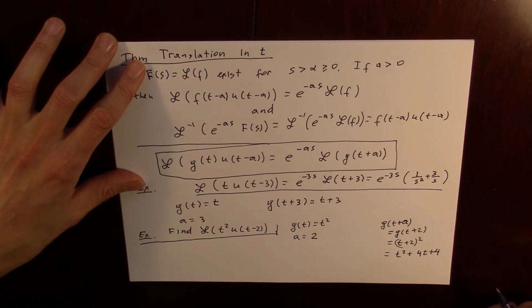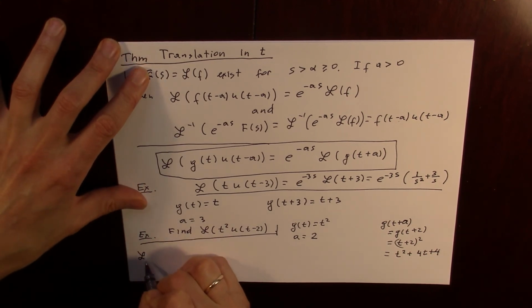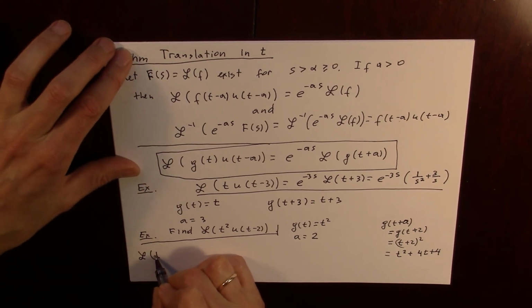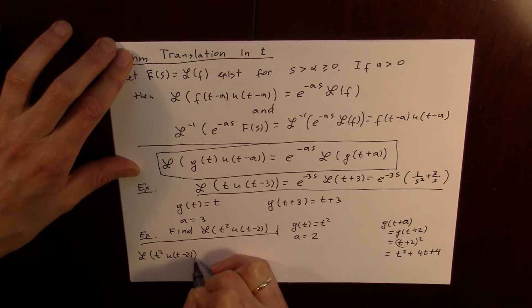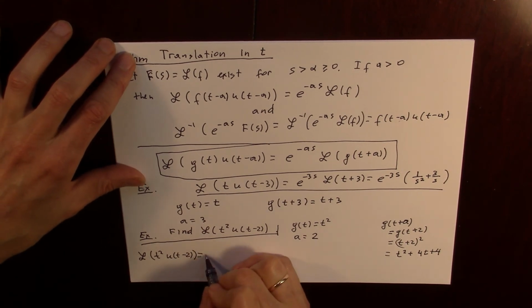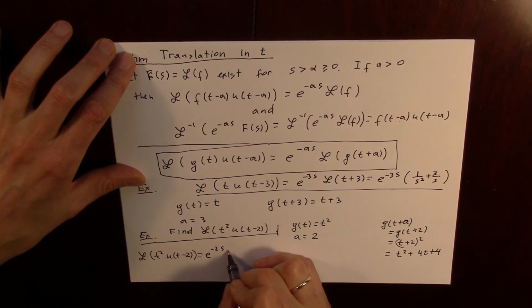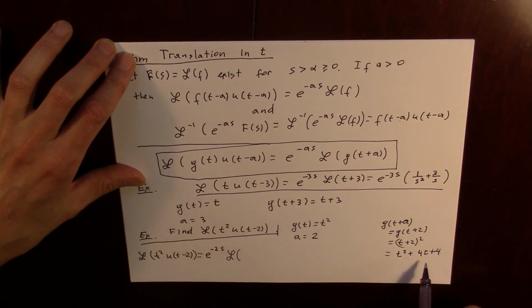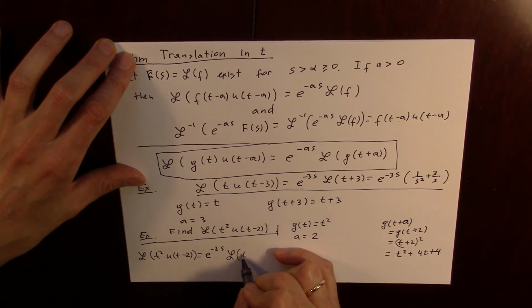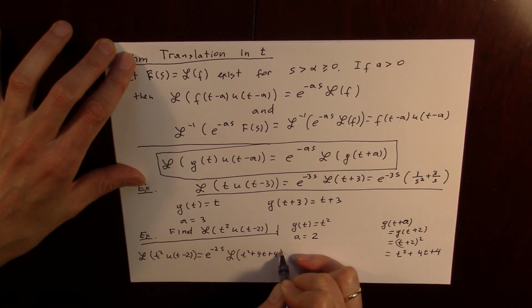So the Laplace of t squared u of t minus 2 is going to be equal to e to the negative 2s times the Laplace of g of t plus a, which is t squared plus 4t plus 4.